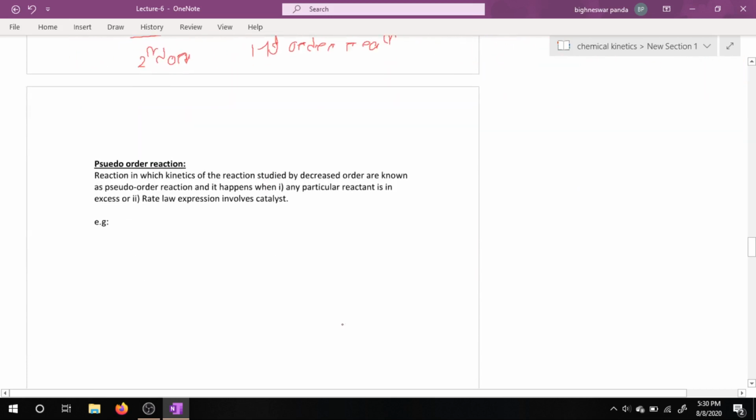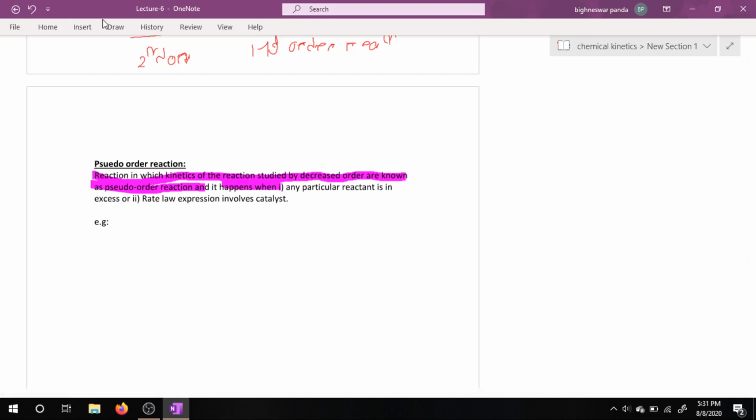So what is a pseudo order reaction? Reactions in which the kinetics are studied by a decreased order are known as pseudo order reactions, and it happens when any particular reactant is in excess or the rate law expression involves a catalyst.